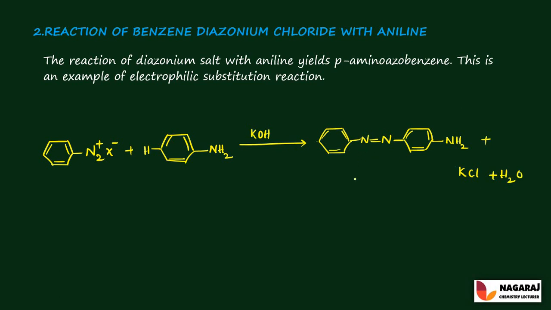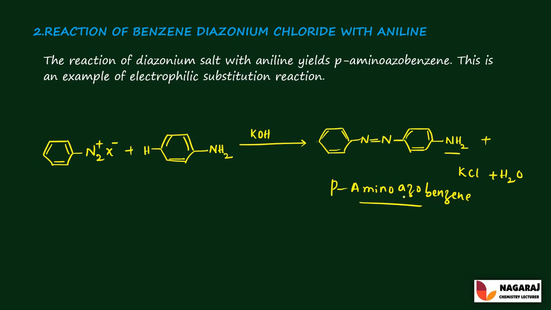The obtained product is called para amino azo benzene.